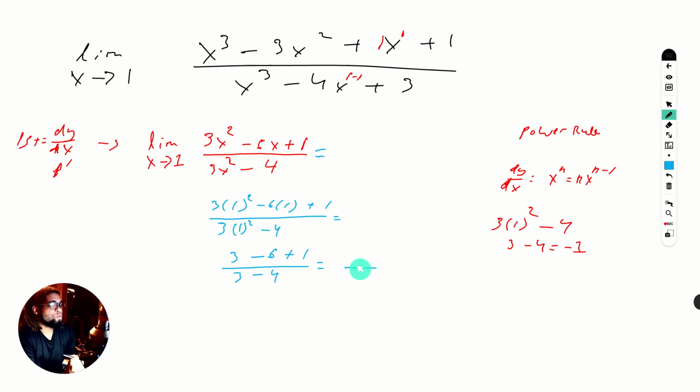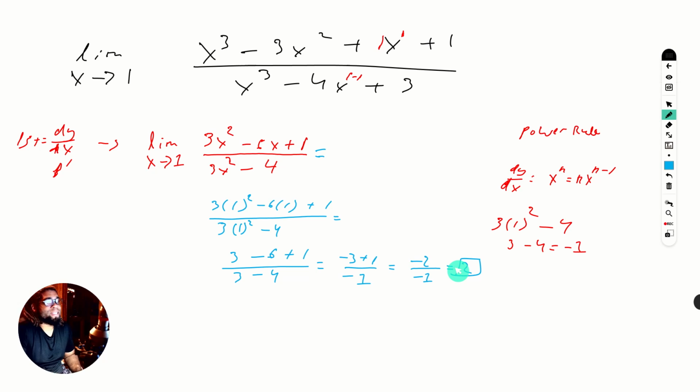So we already knew 3 minus 4, we did that over there, is going to be -1. On the top, we're going to get 3 minus 6. 3 minus 6 is going to be -3 plus 1. -3 plus 1 is going to give us -2, so we're going to subtract, take the sign of the larger number, and then we have -2 over -1, which is going to give us +2, and that's our limit.